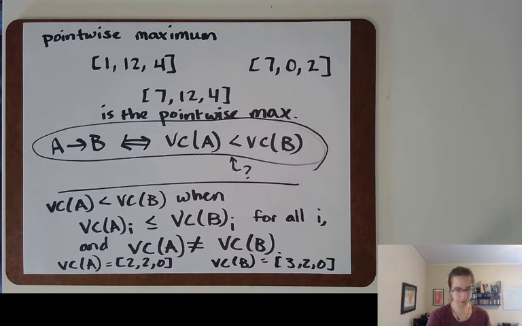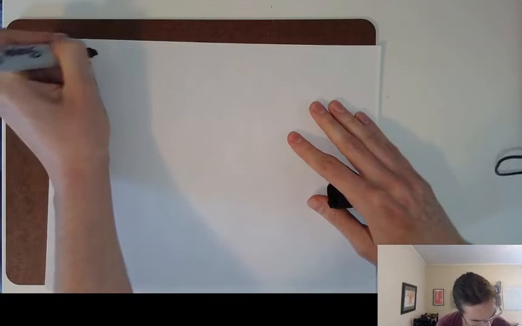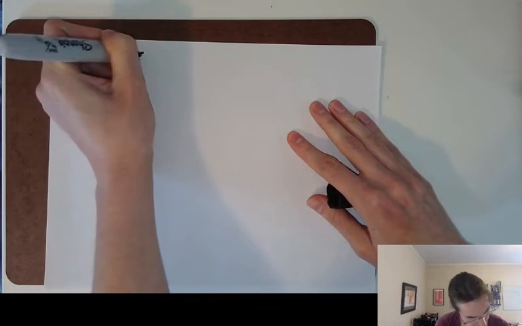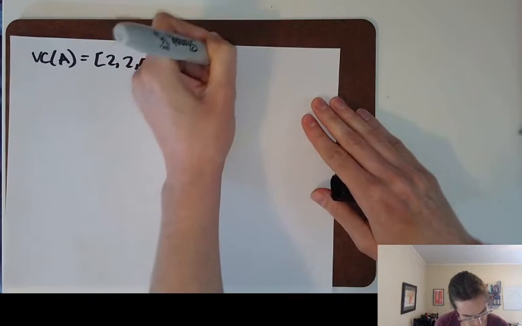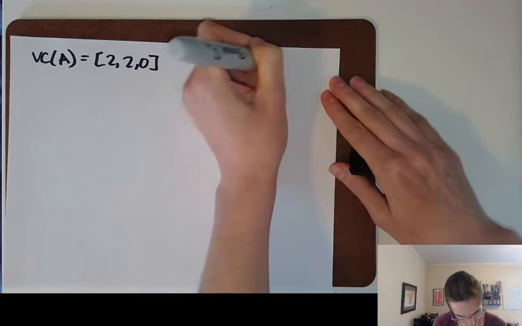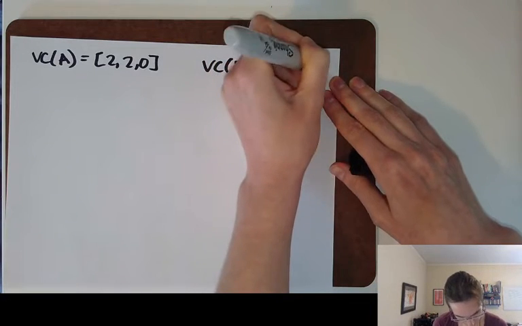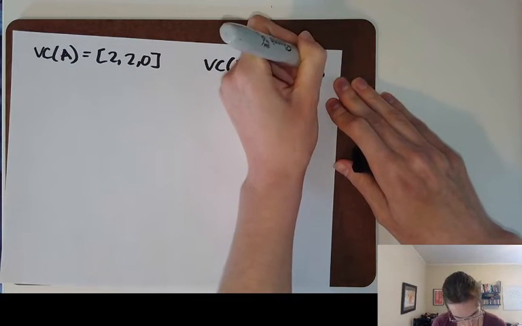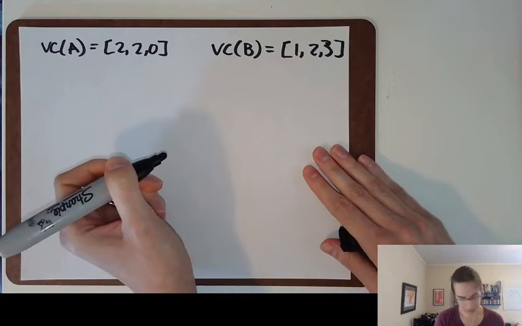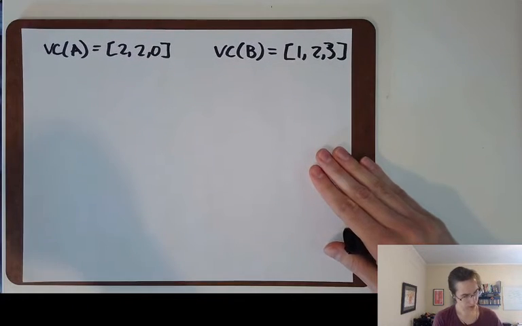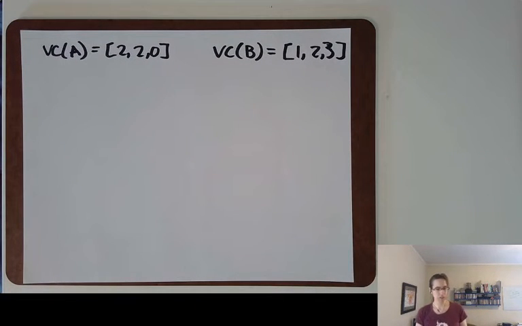How about another one? What if we had VC of A being 2, 2, 0, and VC of B 1, 2, 3. So is the vector clock of A less than the vector clock of B here?